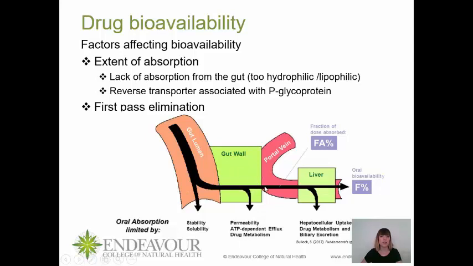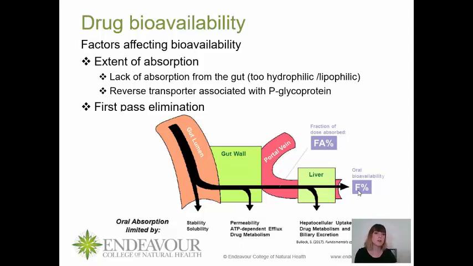And then of what gets absorbed into the portal blood, a proportion of that might get metabolized and eliminated in the liver, so that only a small percentage of the drug actually reaches the systemic circulation. And it's only the percentage that actually makes it past the liver that we consider bioavailable, that's actually able to reach its target site of action.